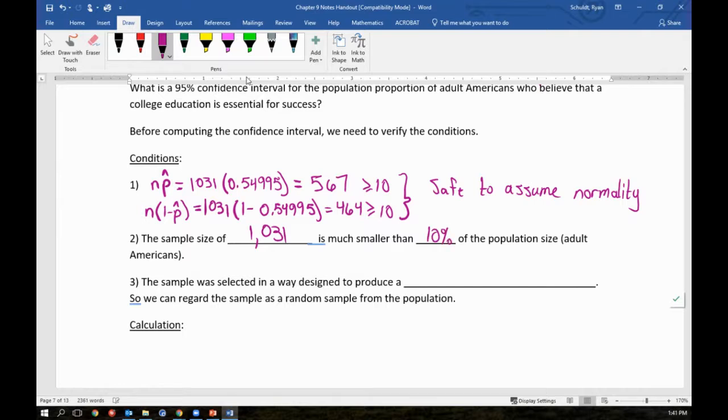But if we think about this, how can we just be so sure that 1,031 is smaller than 10% of the adult Americans? So times that by 10, are there more than 10,000 adult Americans here? Yeah, way more. So we meet the 10% requirement by a long shot.